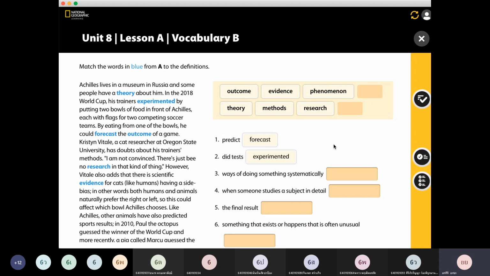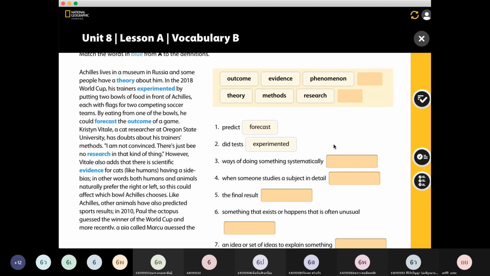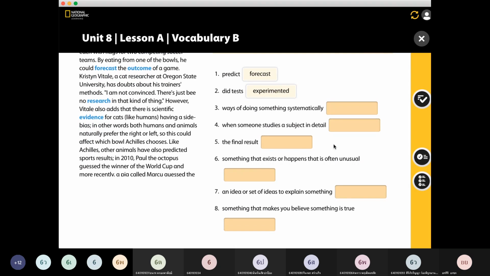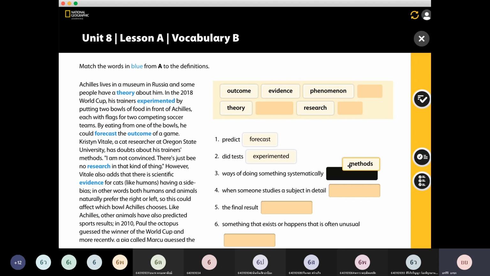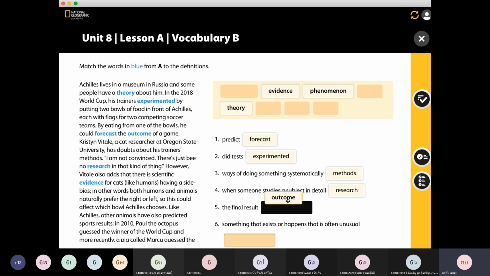Number 3, method. Number 4, research. Number 5, outcome.